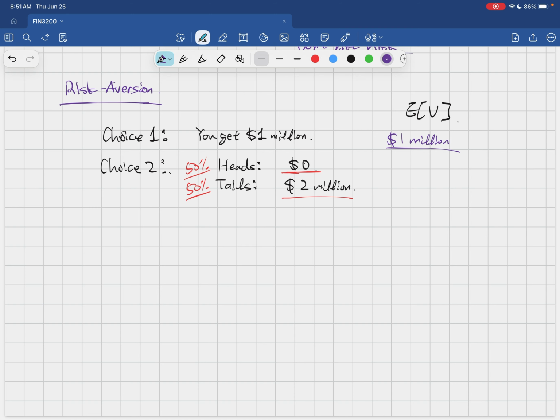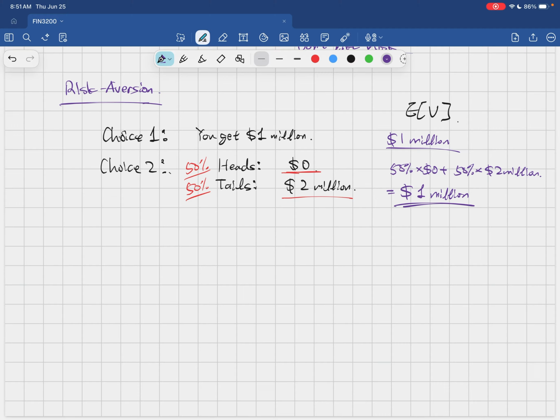The expected value is 50% times 0 plus 50% times 2 million, so it's still 1 million, same as the first choice.